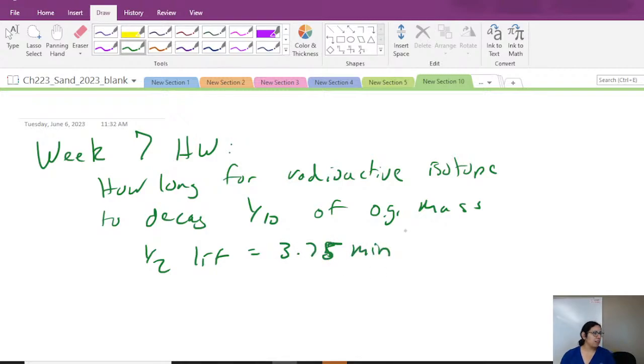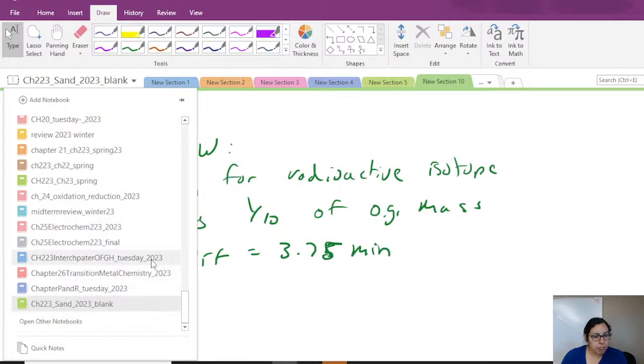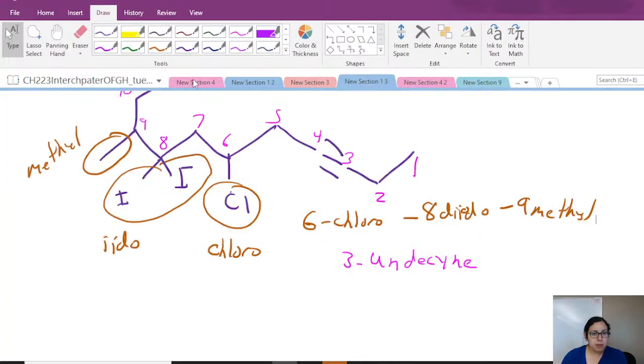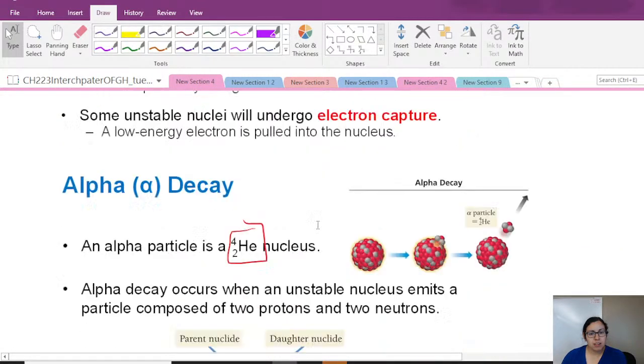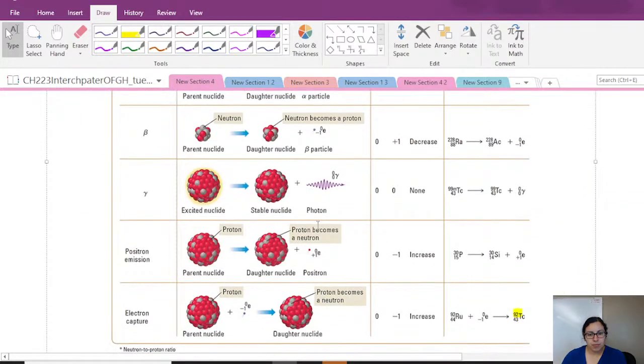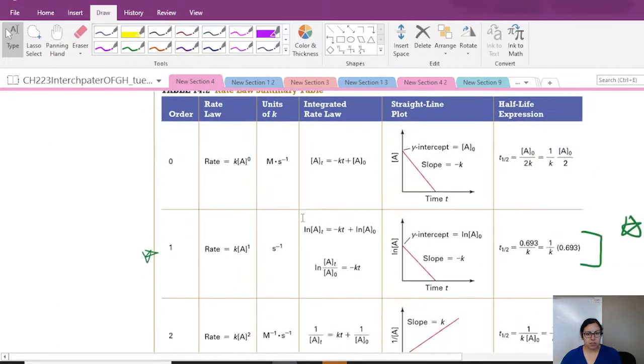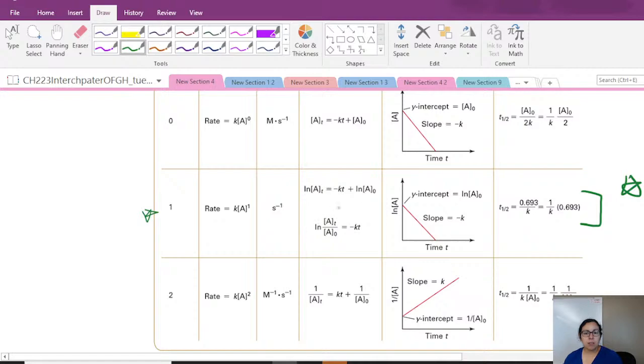I'm not going to look at her answer, but let me pull up my equations, my cheat sheet. We care about probably these two equations.